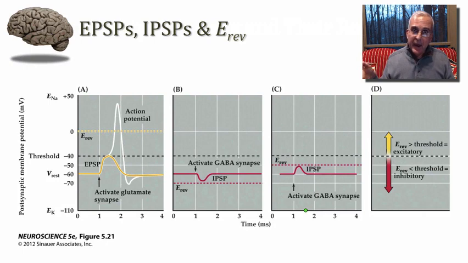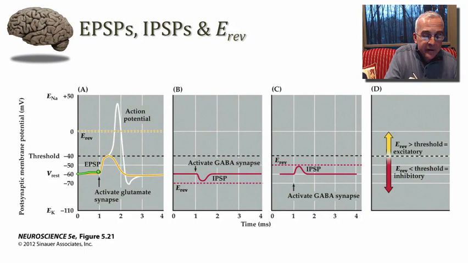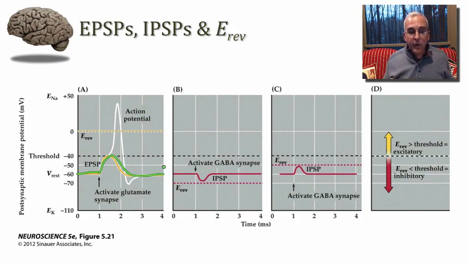Well, as glutamate binds to its ionotropic receptors, for example, AMPA receptors, those receptors open and sodium rushes into the cell. And as a consequence, what we see is a depolarizing event. We call that depolarizing event an excitatory postsynaptic potential.